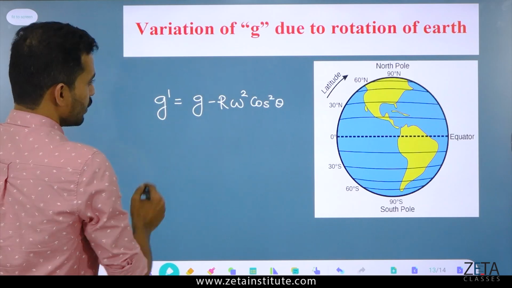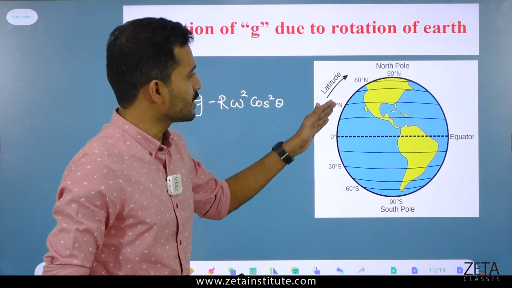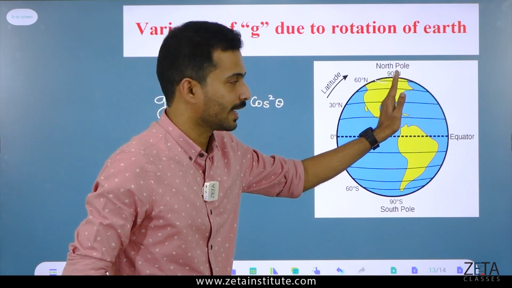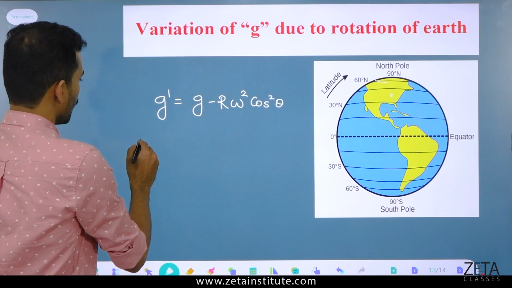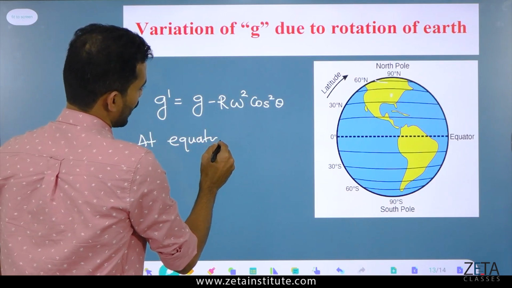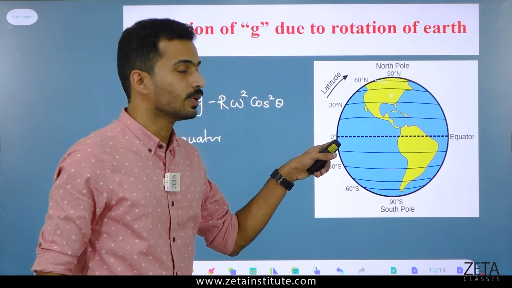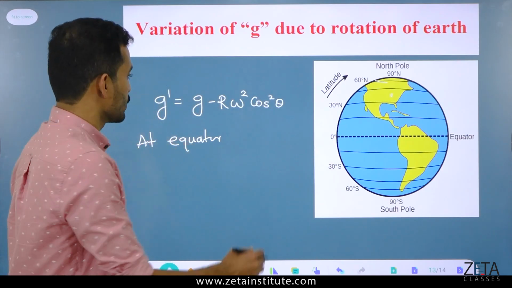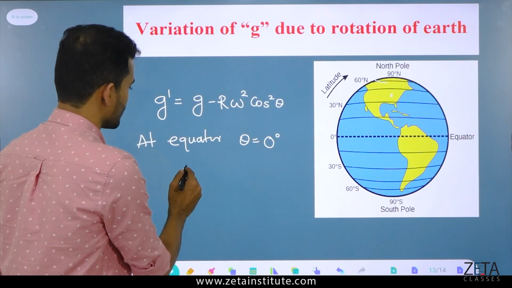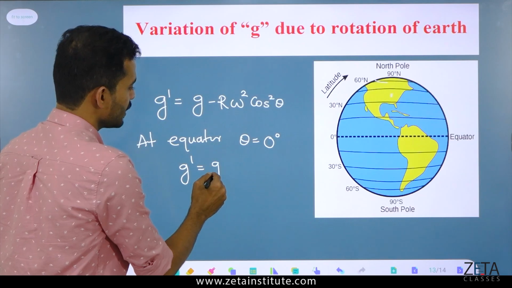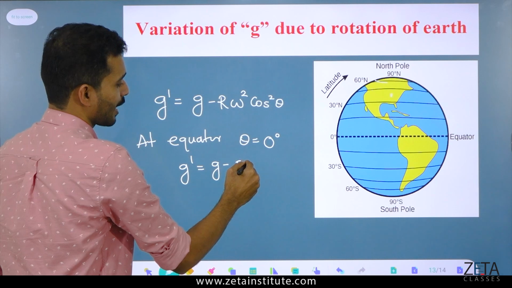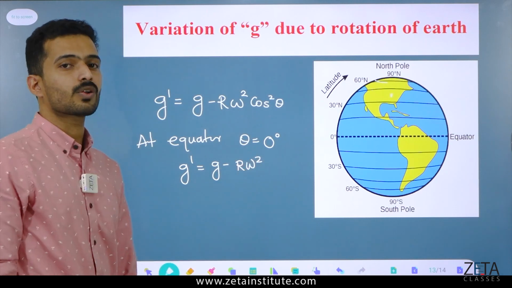Then we know that this is the latitude. At the equator, what is the value of latitude? From the figure we can understand that at the equator, the value of latitude is equal to 0 degree. So theta is equal to 0 degree. So what is g dash? g dash is equal to g minus R omega square cos square theta, and cos square 0 becomes 1.